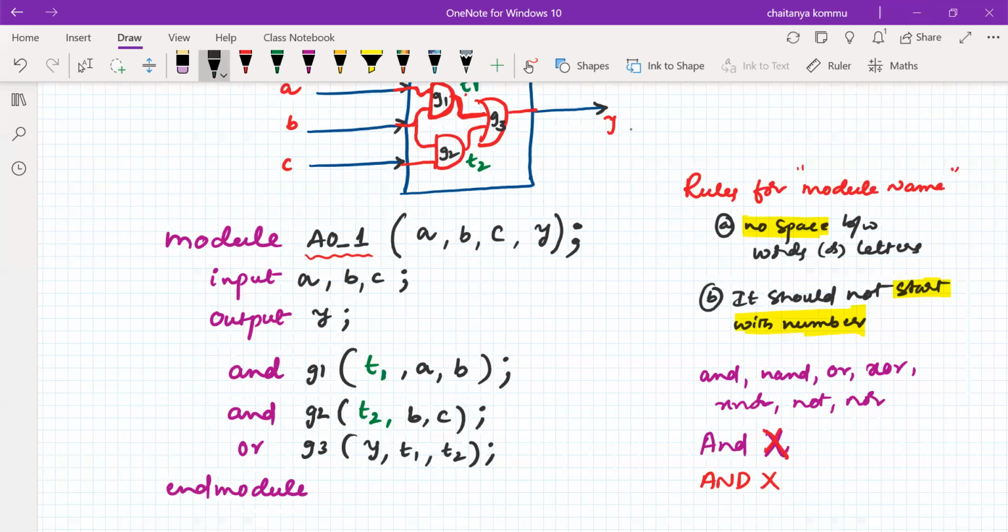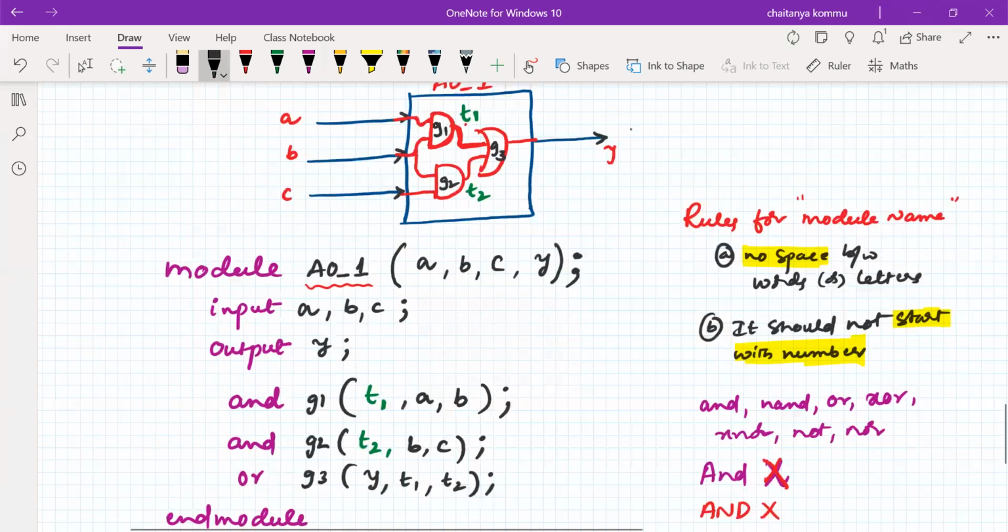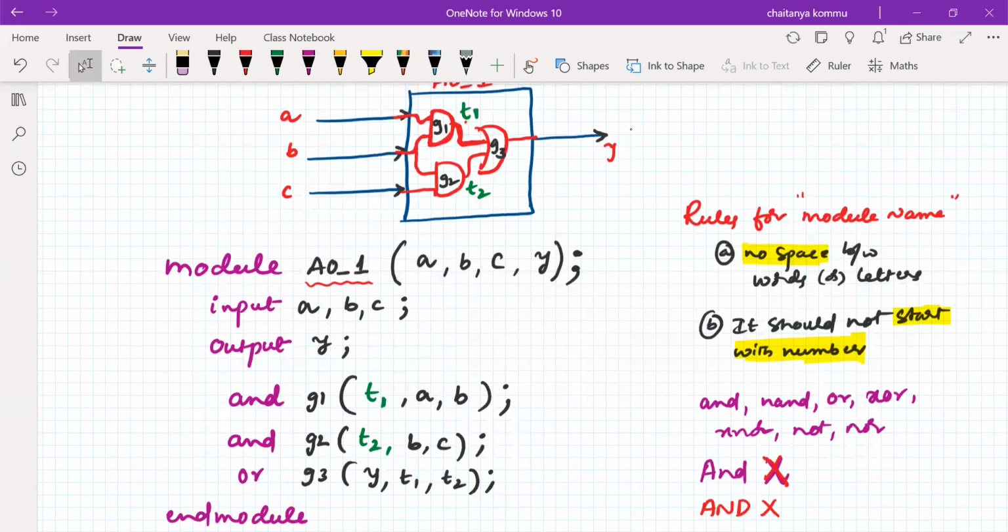That's all. Only we forgot to write that the internal wires T1, T2 we did not declare anywhere in the main program. Inputs are declared, output is declared, but we did not mention the internal wires of the digital logic circuit. For that we use the declaration wire. Wire is the keyword we have to use.